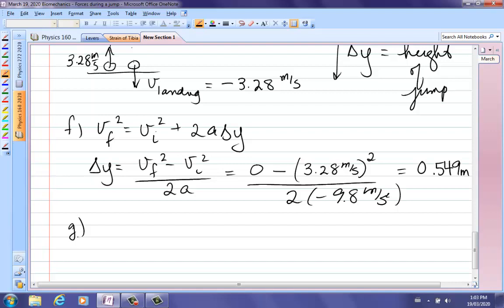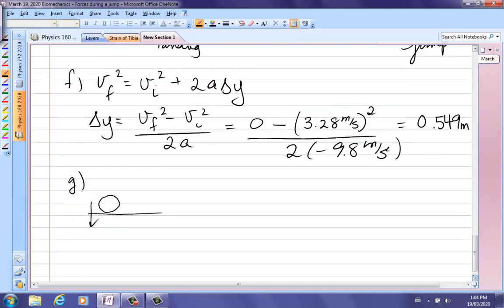The force is huge, and you're brought to rest in a very short amount of time. We want to know just what that time is. So remember, just before you hit the ground, so let's just make it a ball. So say you're here just before you hit the ground. You're going down at, this will be our initial velocity before we hit the ground, negative 3.28 meters per second.